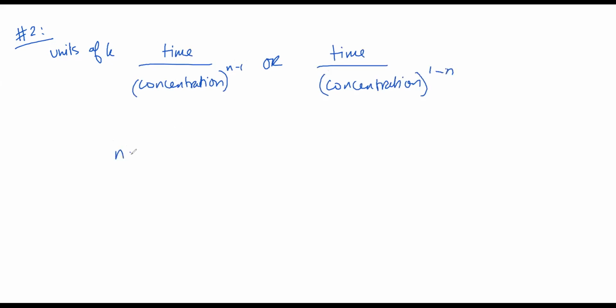So if n is equal to 1, the units of k is basically what? Just time, right? Sorry, we have an error here, just be careful. It's actually time to the minus 1.